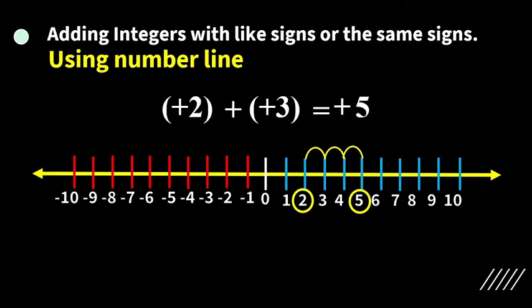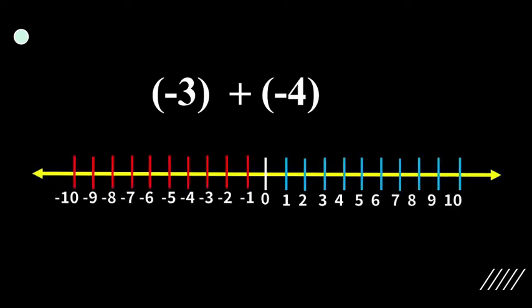Let's have another one. Negative 3 plus negative 4. Let's plot negative 3 in the number line. There.